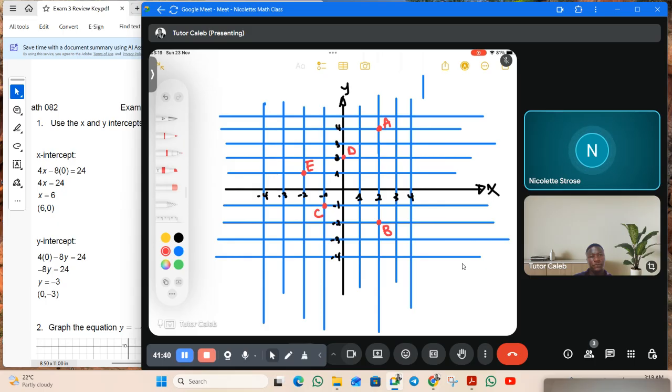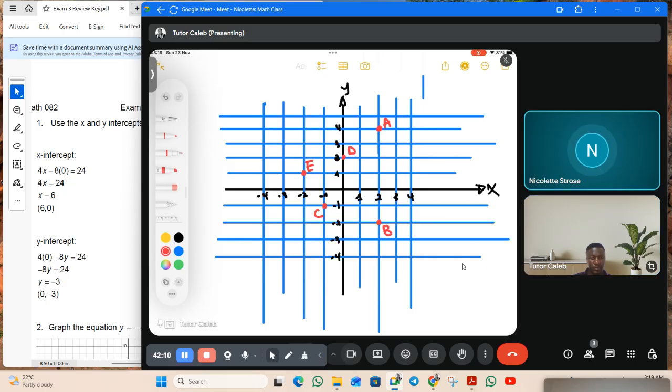For B, it is 2 and negative 2. Correct? For C, it is negative 1 and negative 1.